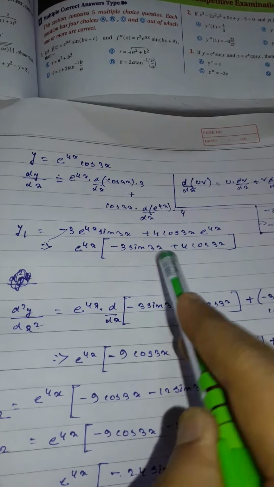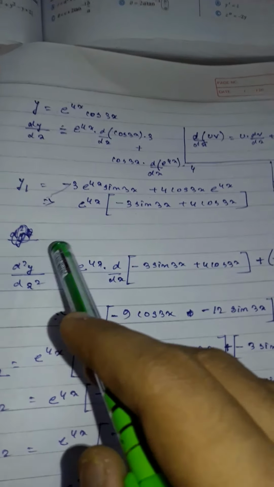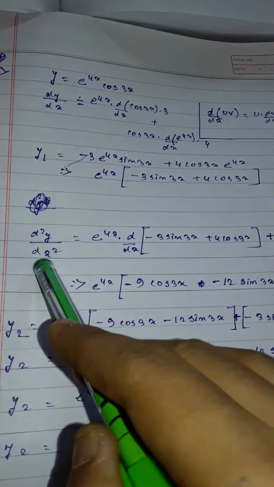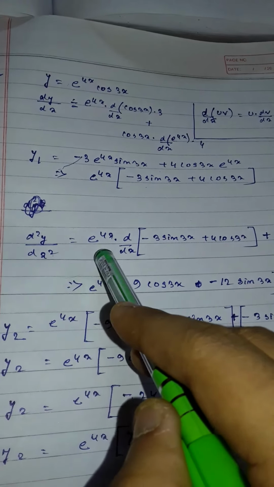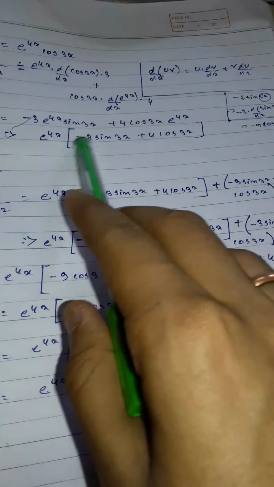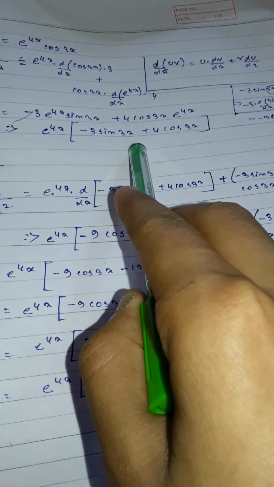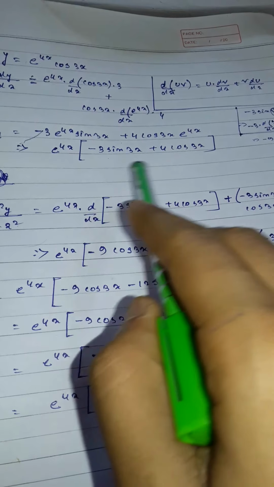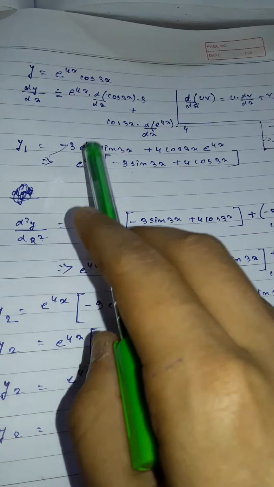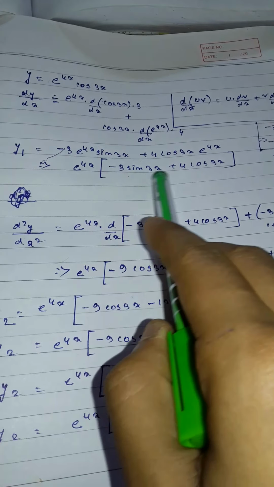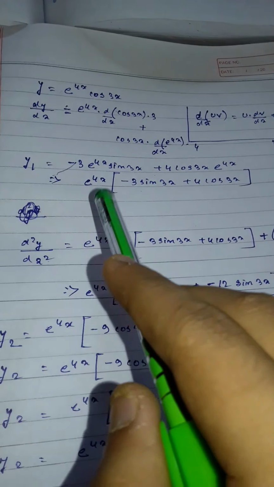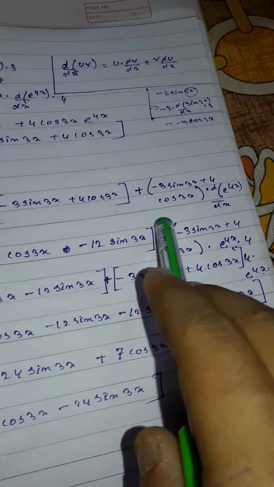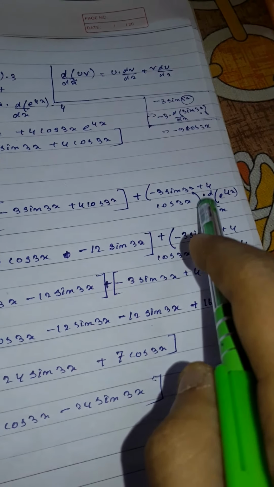So we differentiate y1, giving d²y/dx², and we differentiate e^(4x) (minus 3 sin 3x plus 4 cos 3x). Again we use the UV formula. Here e^(4x) is u and this full bracket is v.